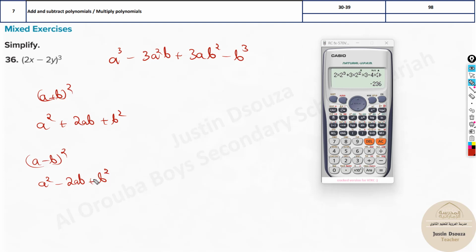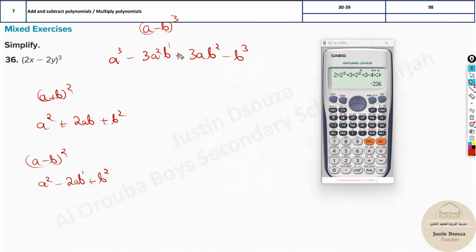Why no minus at b squared? Because when it's squared, it will be positive. Only when the degree is odd, 1, 3, 5, it will have minus. Here also, if you look carefully, it is (a minus b) the whole cube. When it's a cube, a is positive, so a cube, that's fine. Here minus, why? Because a squared is always positive, but b is power 1, so minus will sustain.